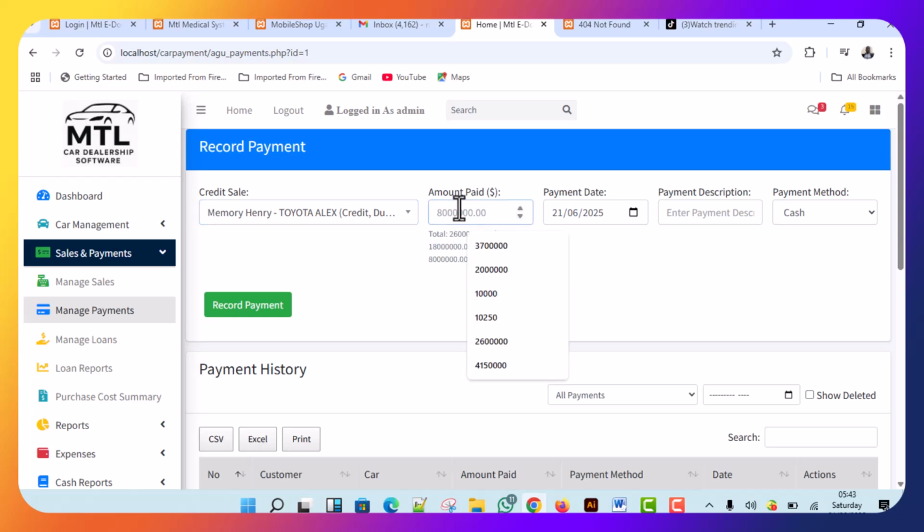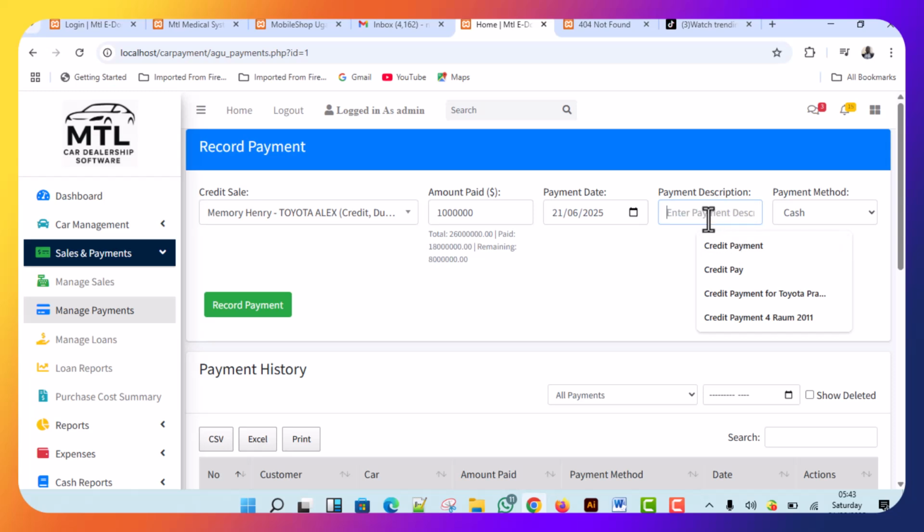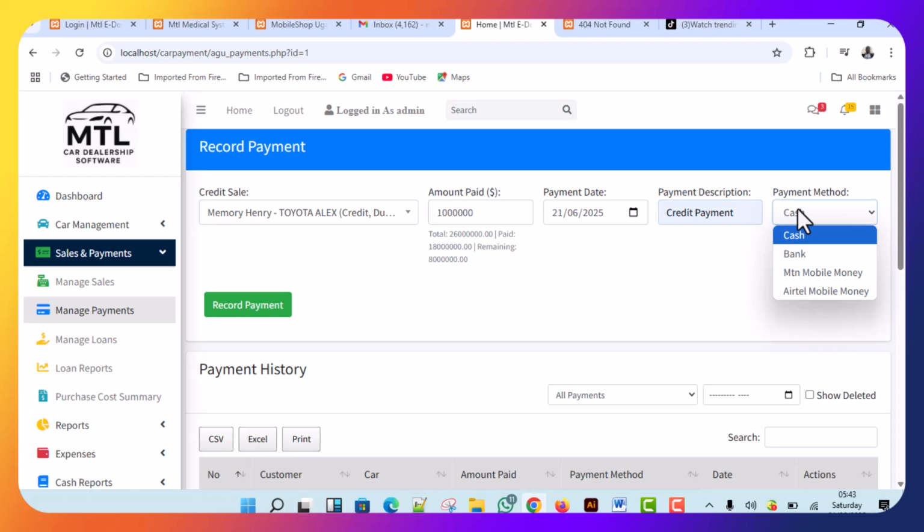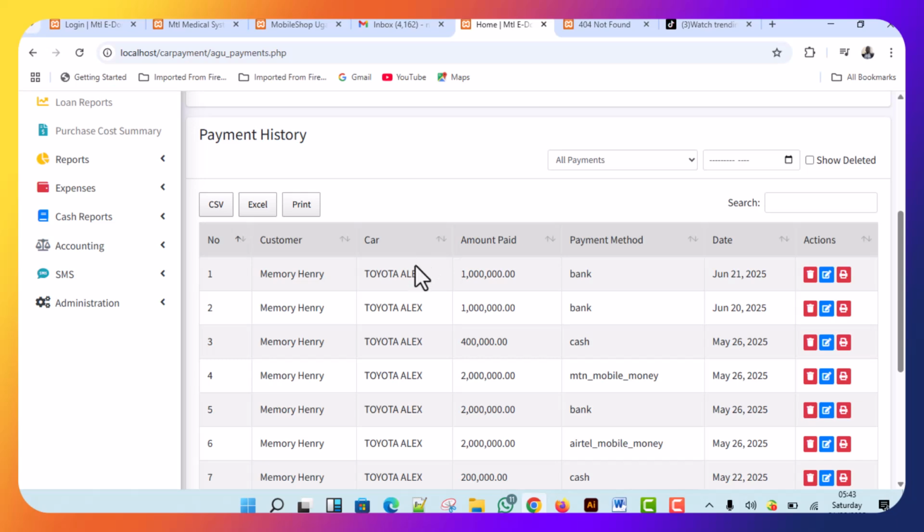So you can just say on this amount they have brought only 1 million. Pay that on this date. Reason, let's say first payment or credit payment. Then how have they paid? Have they paid in bank? Have they paid by mobile money? Yeah. Then we save the record. So you can print out the invoice.